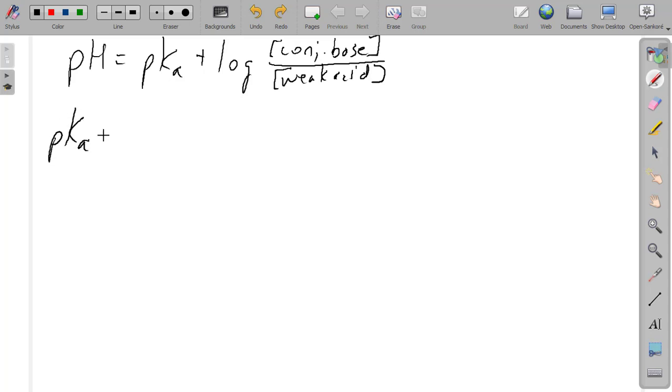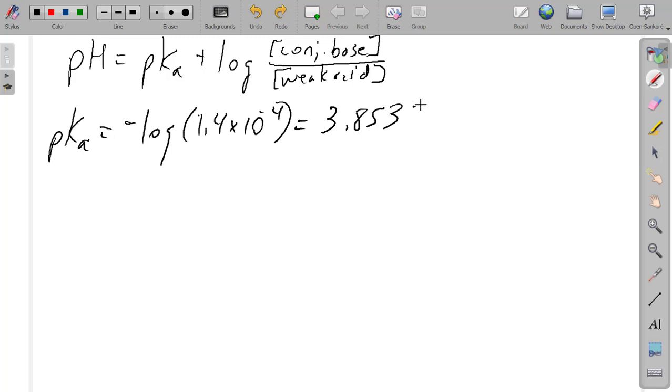So pKa equals the negative log of 1.4 times 10 to the minus 4, and this equals 3.853871964.